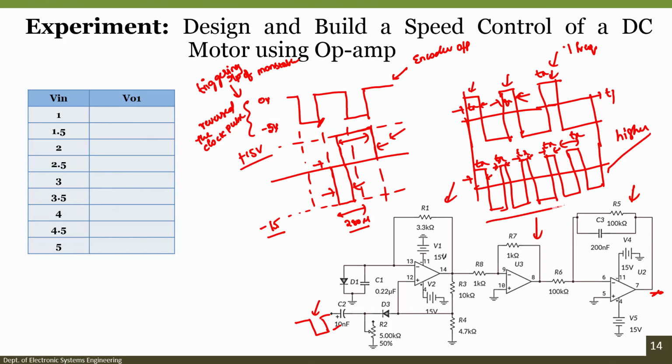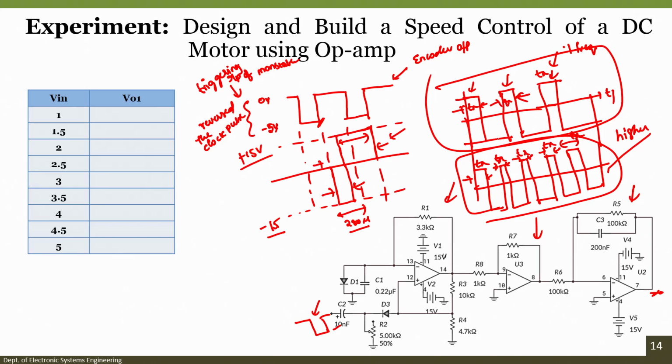When you integrate this particular output voltage, in this case the area under the curve will be smaller, in this case the area under the curve is higher, but it entirely depends upon what your plus VCC as well as your minus VCC are.